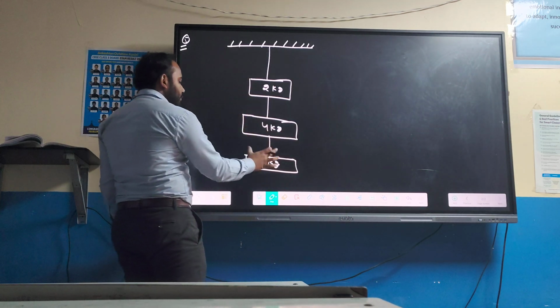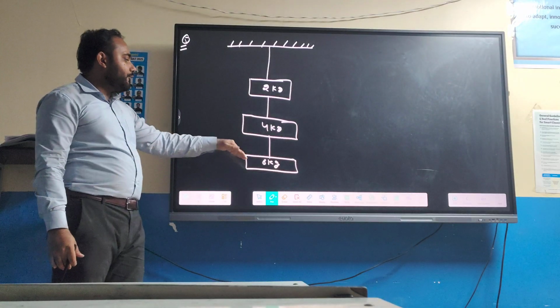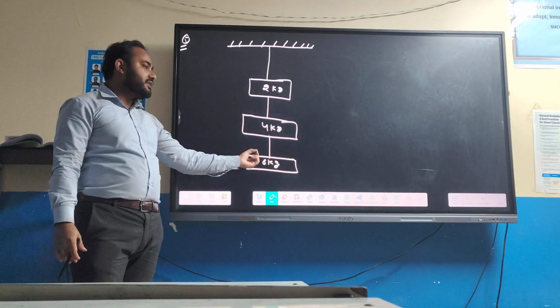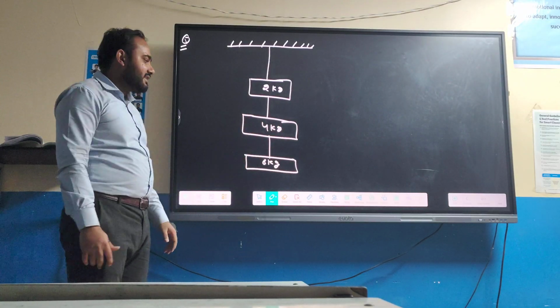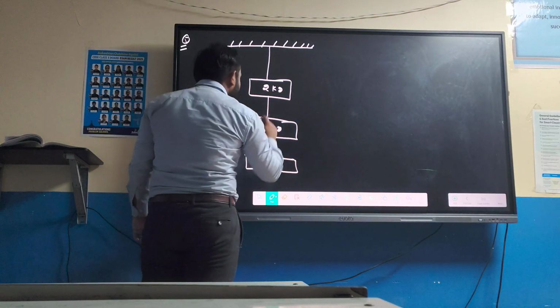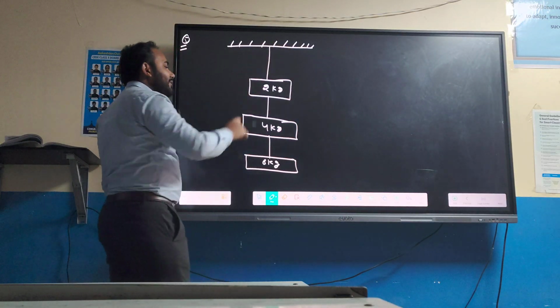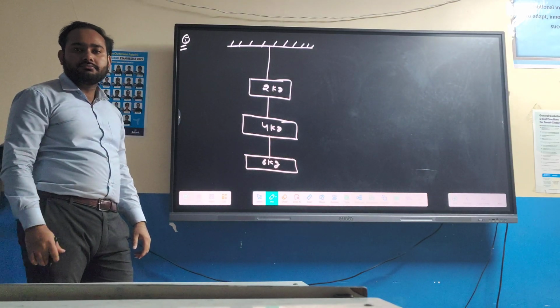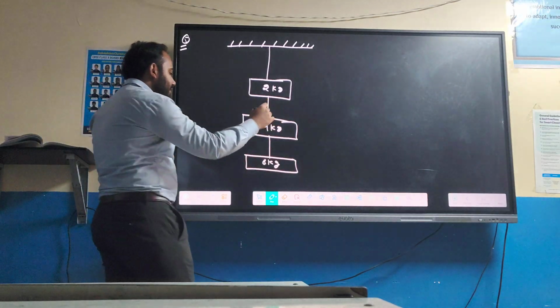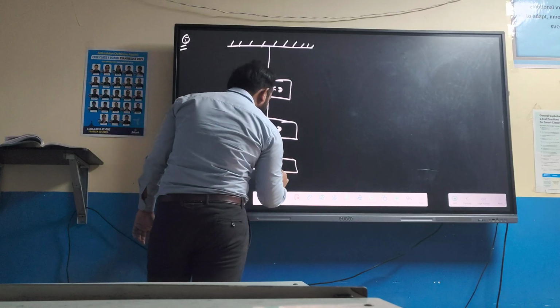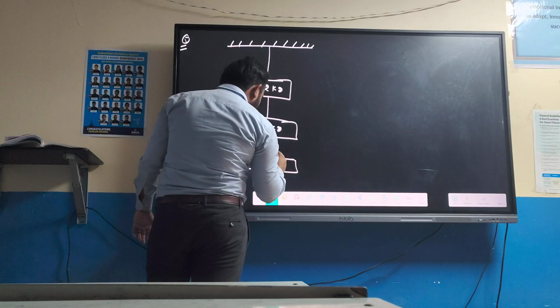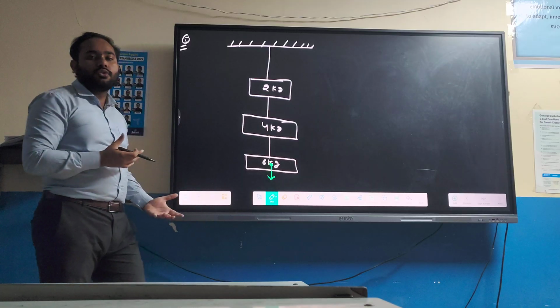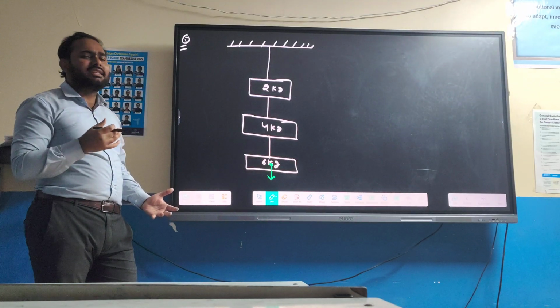If I am focusing on the 6 kg block, what forces can be applied here? Can I say that if this block is under the influence of gravity, there must be a gravitational force, right? So the gravitational force will be acting downward here, and the formula for gravitational force is m into g.